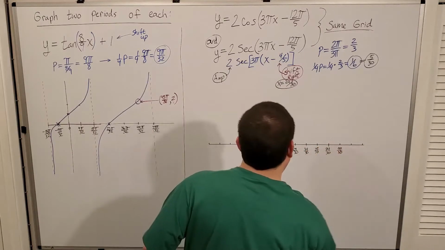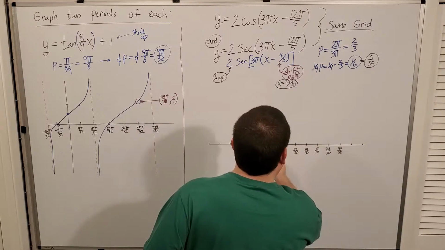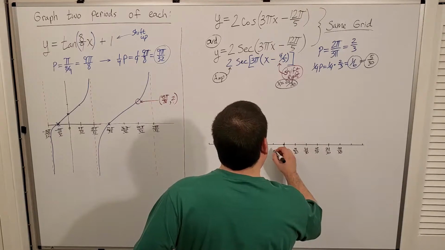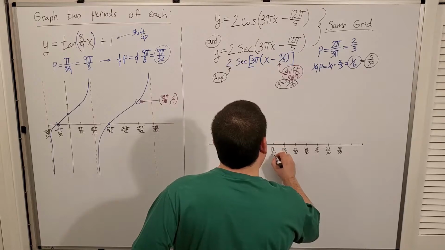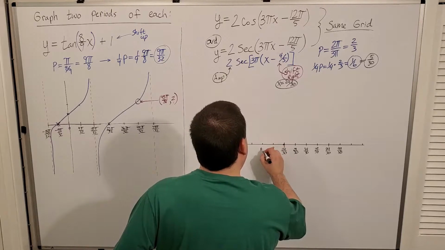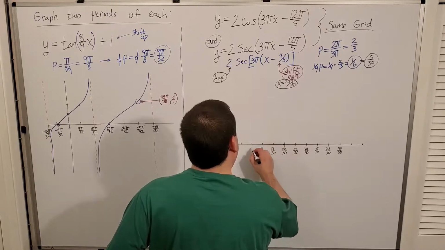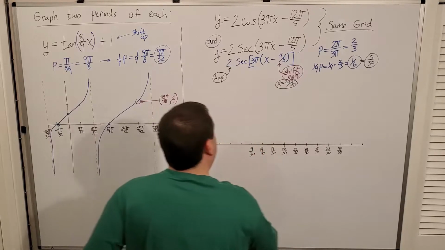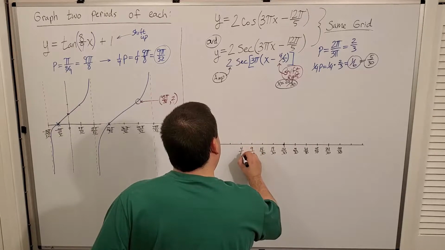Okay, that's pretty far. Now I'm going to do minus, so this will be what, 19/30ths, then 14/30ths, then 9/30ths, then 4/30ths.